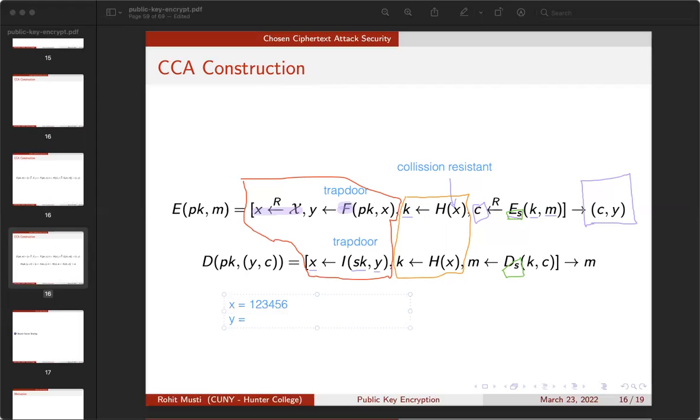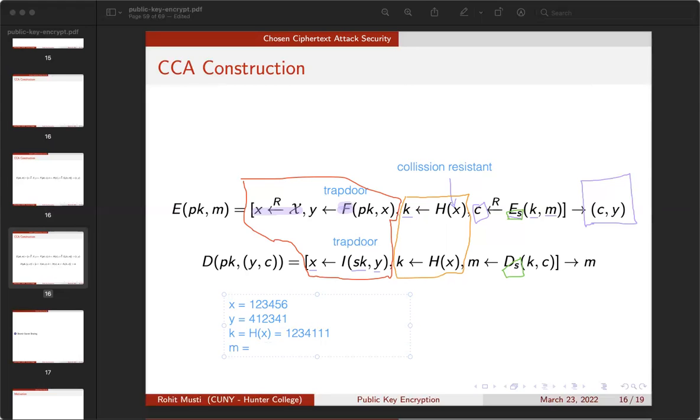We apply our trapdoor function to X with our public key. That produces Y. Then we apply the hash of X to give us K, something like that.